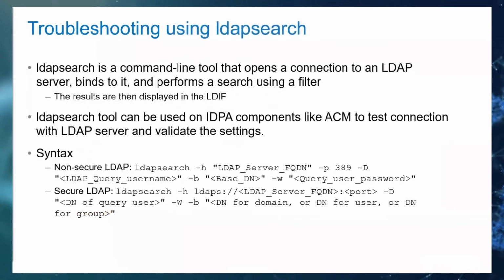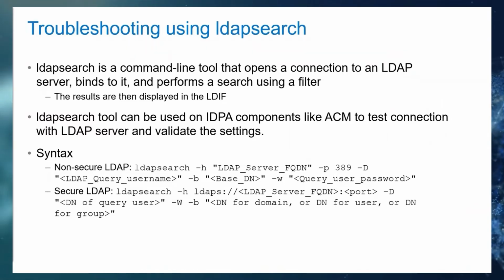Now, troubleshooting using ldapsearch, I feel this is a very important tool. This can be used if your validation is failing, if your configuration is failing, because what it does is similar to a validate, where it basically uses the LDAP details that you have, performs a test connection, and confirms whether we can connect or not.